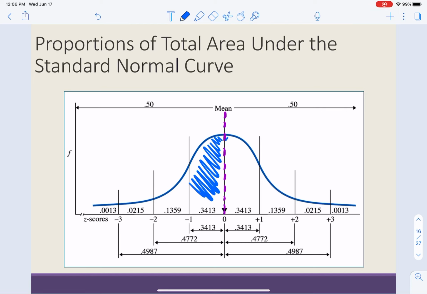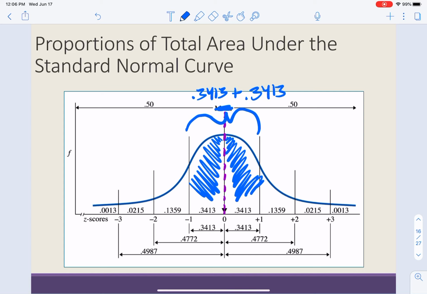The other side makes up 34%. So this whole chunk right here is just 0.3413 plus 0.3413, which turns out to be 0.68, thereabout, or 68% of the data.